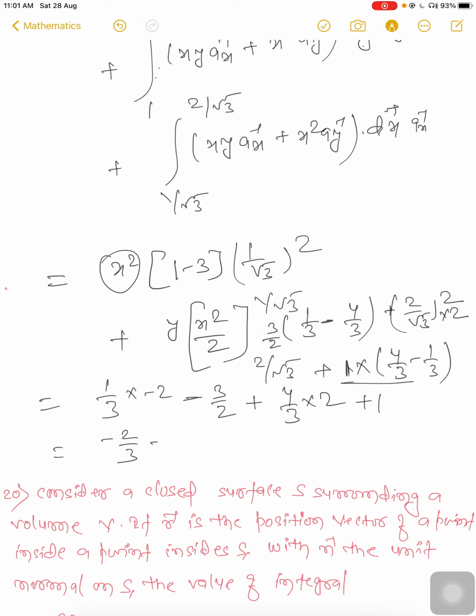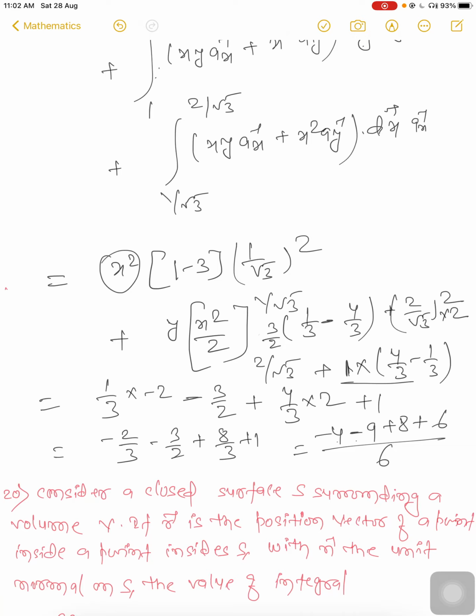So you will get minus 2 by 3 minus 3 by 2 plus 8 by 3 plus 1. Taking 6 common: minus 4 minus 9 plus 8 plus 6, the answer is 1 by 6 coming. Look at it, this is the wrong answer.